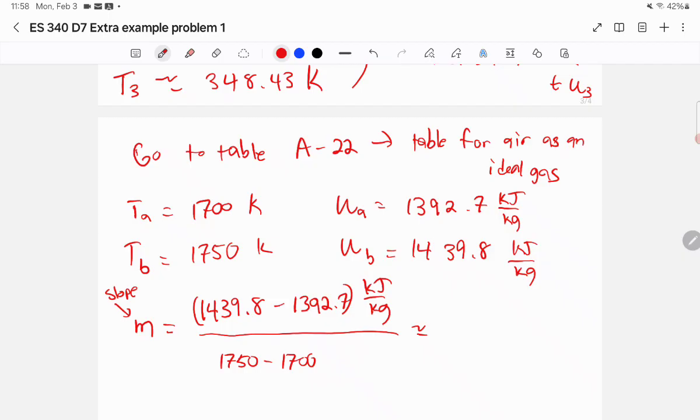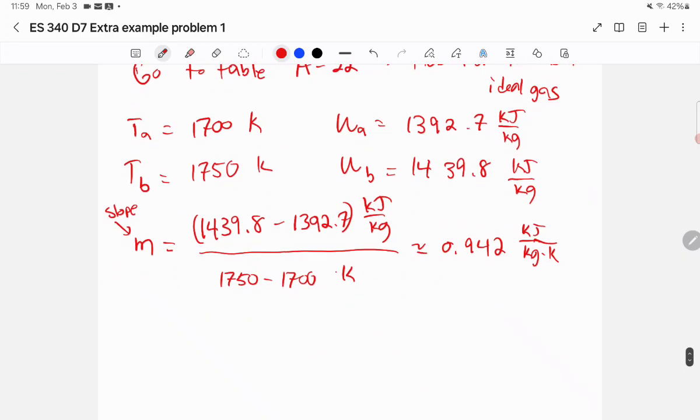And this comes out to be approximately 0.942 kilojoules per kilogram times Kelvin. And that's going to be my slope.